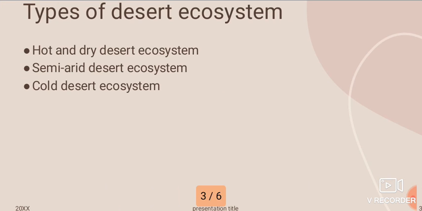Alright, on types of desert ecosystem, there are three of them. One, we have hot and dry desert ecosystem, and semi-arid desert ecosystem. Then thirdly, cold desert ecosystem. First of all, I'll take you through hot and dry desert ecosystem.